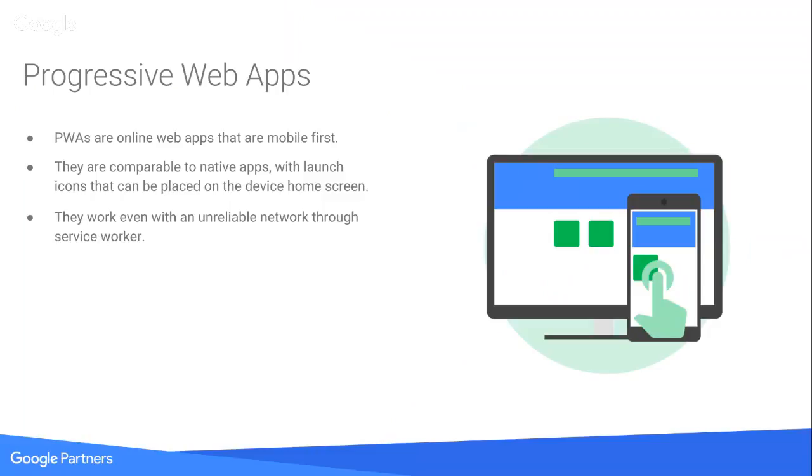You can also use progressive web apps, or PWAs, which are online web apps that are designed with mobile in mind. They are also comparable to native apps, with launch icons that can be placed on the device home screen, and are workable even with unreliable networks by using service workers.